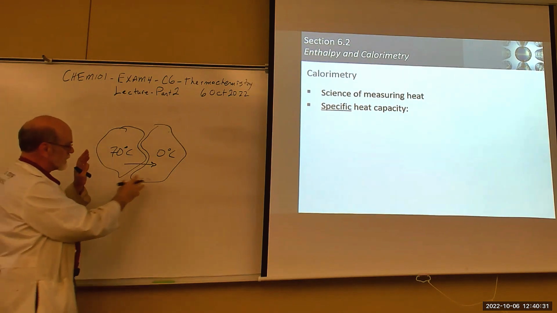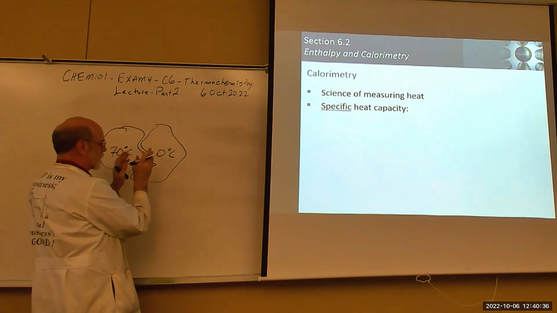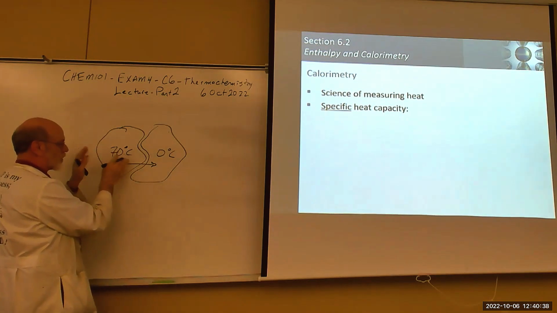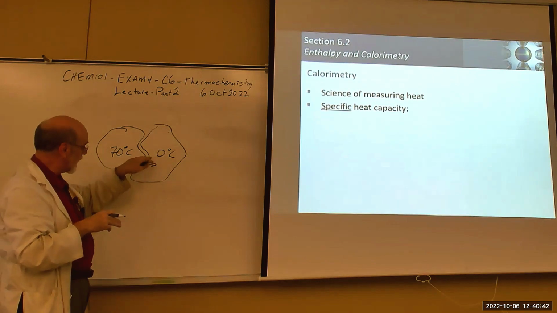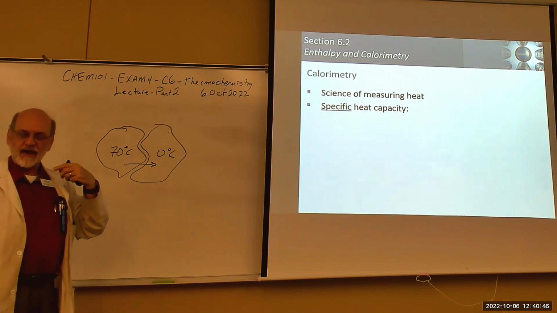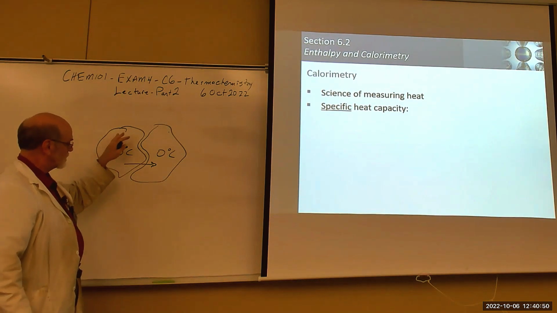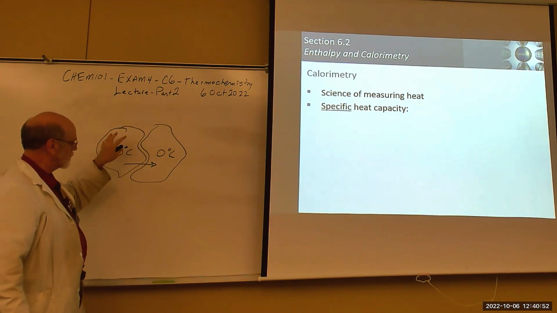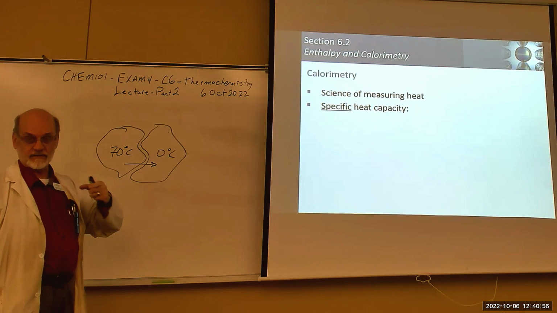And we'll see a difference in temperature, right? This one will start at 70, this one will start at 0. This one will equilibrate at somewhere in between the two. This one will get higher, this one will get lower. But it's a characteristic of mass, of matter, that this matter won't behave the same as that one unless it's made from exactly the same stuff.